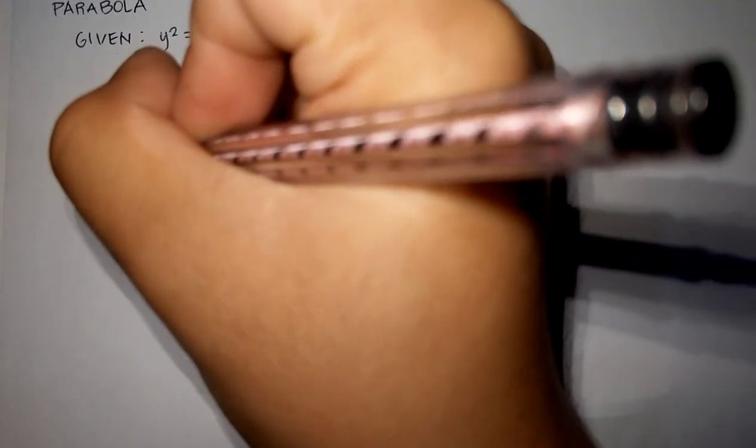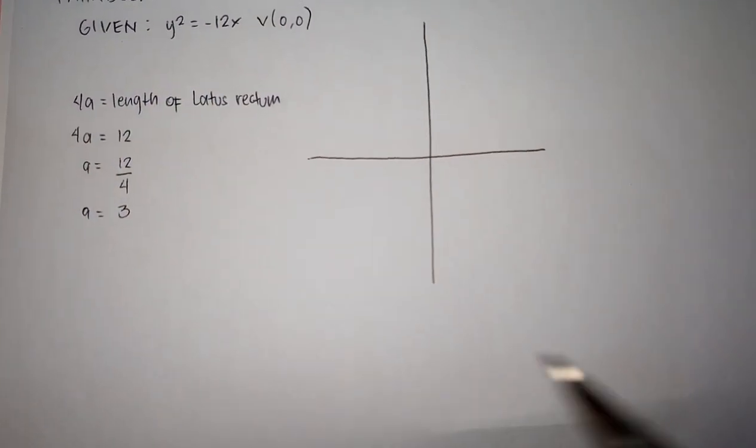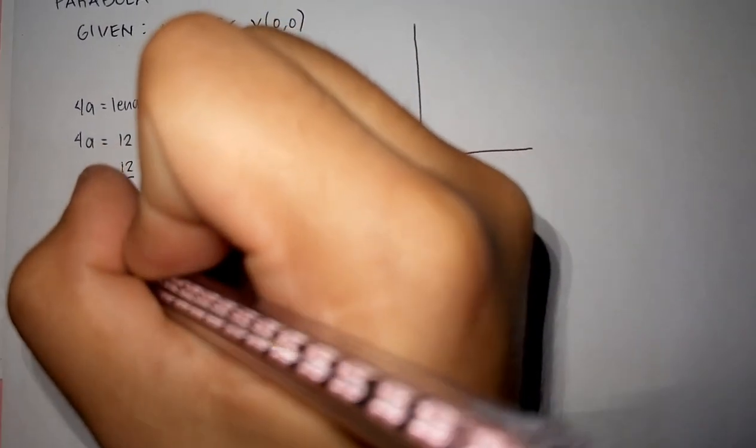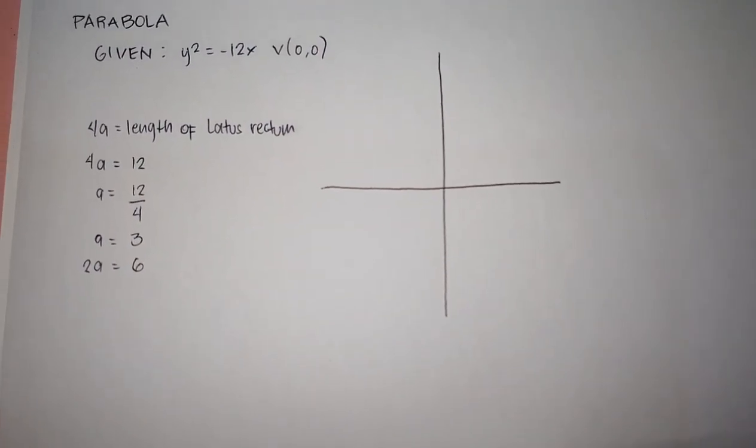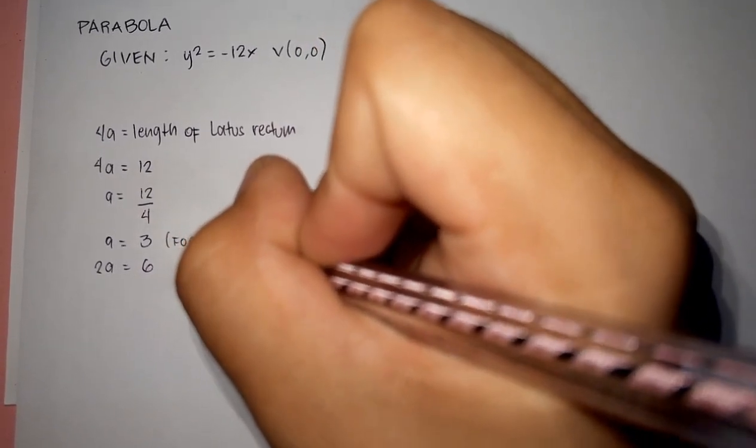4a is equivalent to the length of the latus rectum. Therefore, 4a equals 12. This is our total length of LR. Then to find a, we will divide 12 by 4. So a equals 12 divided by 4, a equals 3. a equals 3 stands for our focus.